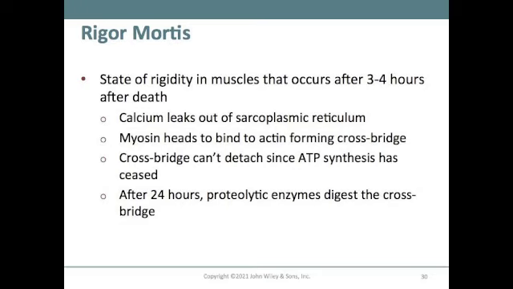In about 3 or 4 hours, you're going to go into rigor, and then after about 24 hours, you've got these proteolytic enzymes that are left over, and they're going to digest that cross bridge, and then the rigor essentially goes away. So that's one of the things that, if you're into forensics, if you went to a scene where there was a dead body and that dead body was in rigor, then you would know that death occurred approximately 3 or 4 hours prior to that.